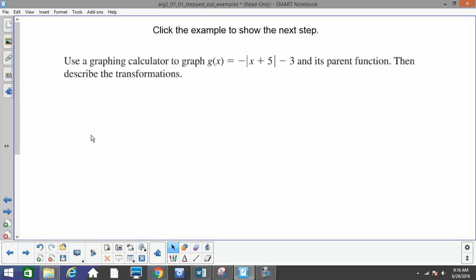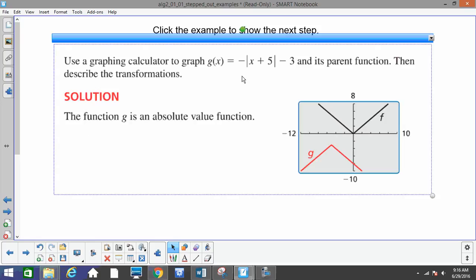I don't know that I would use a graphing calculator. I'd probably use Desmos since you have the computer in front of you. And what happens on that one, that negative sign makes it a reflection. That x plus 5, it's in the brackets. That's going to shift it to the left 5, and that minus 3 is going to shift it down 3.